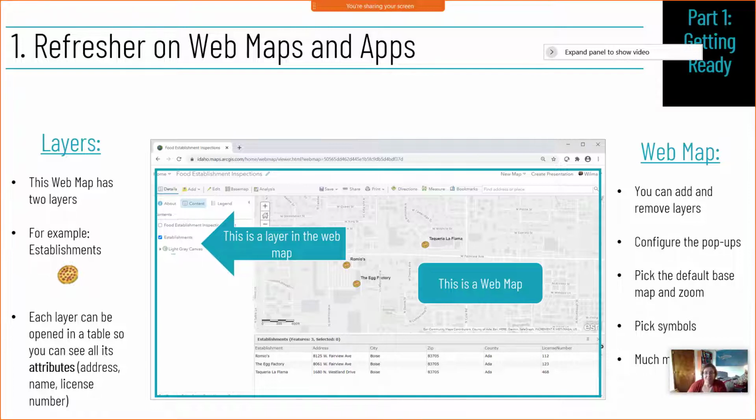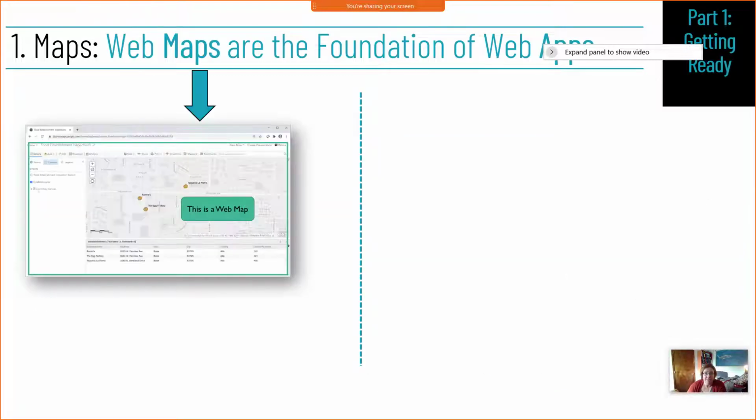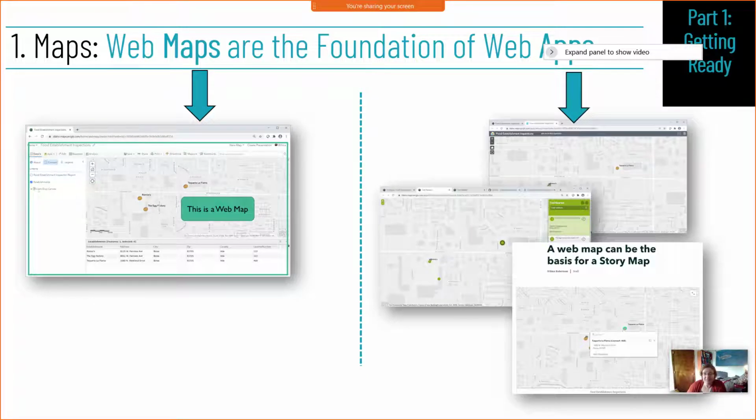But we start with the web map. Okay, and so the web maps are then the foundation for different web apps. So the web map's on the left, but then on the right-hand side, we can take the same web map and we can turn it into a story map.